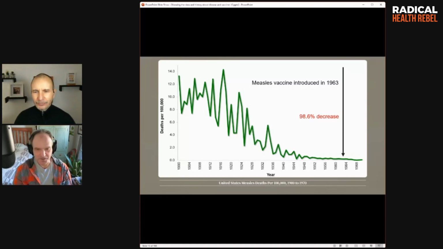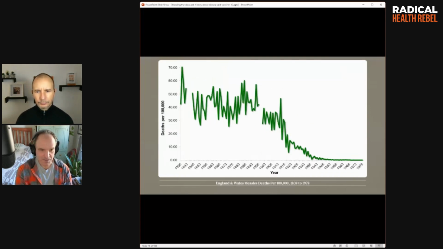This is the first chart I made, and it was really a shocker. It's clear that most of the work had already been done before they started vaccinating. And here's England. They started recording in 1838, and deaths per 100,000 were quite high, 30 to 60.